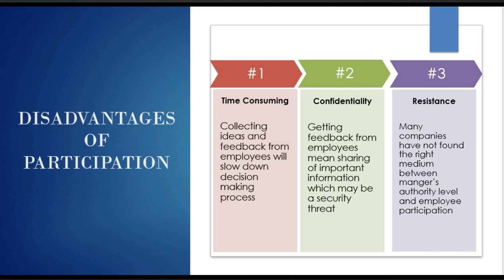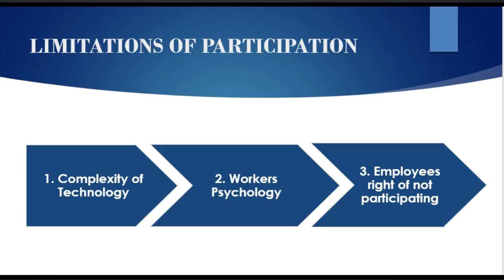Many companies have not found the right medium between the manager's authority level and employees' participation. Without proper balance, managers' and employees' ideas can clash. We have looked at the factors of participation along with its advantages and disadvantages. Now we will take a look at the limitations in regard to participation.